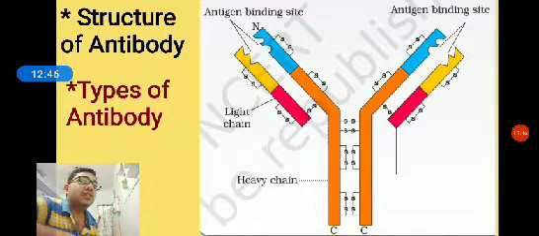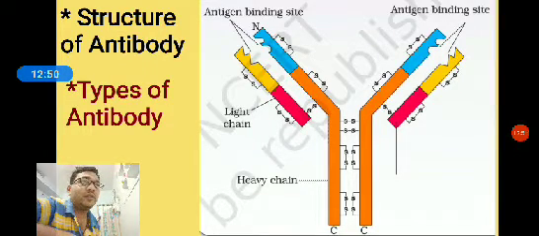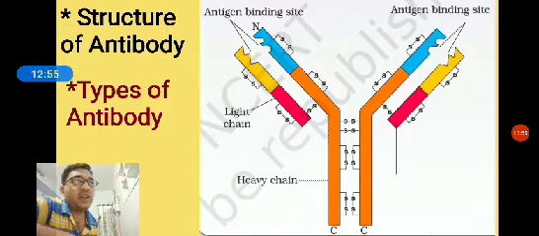When it comes to the structure of the antibody, the structure of immunoglobulin or antibody was discovered by two scientists. One is Gerald Maurice Edelman. Second one, Rodney Robert Porter.